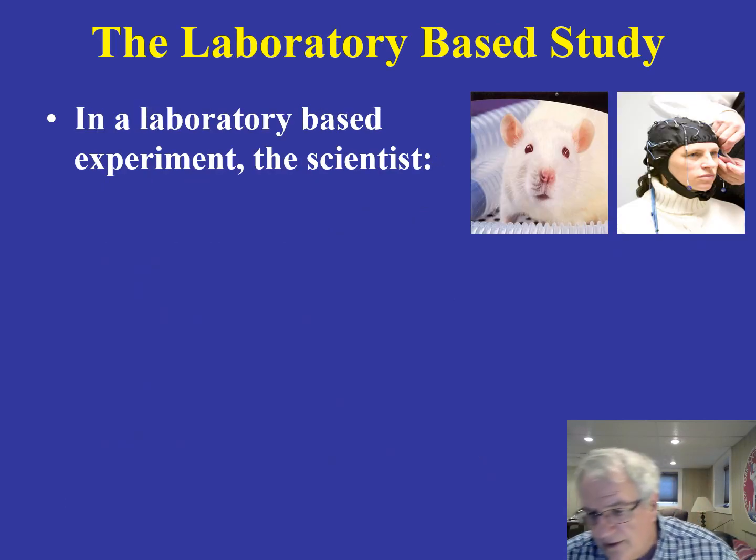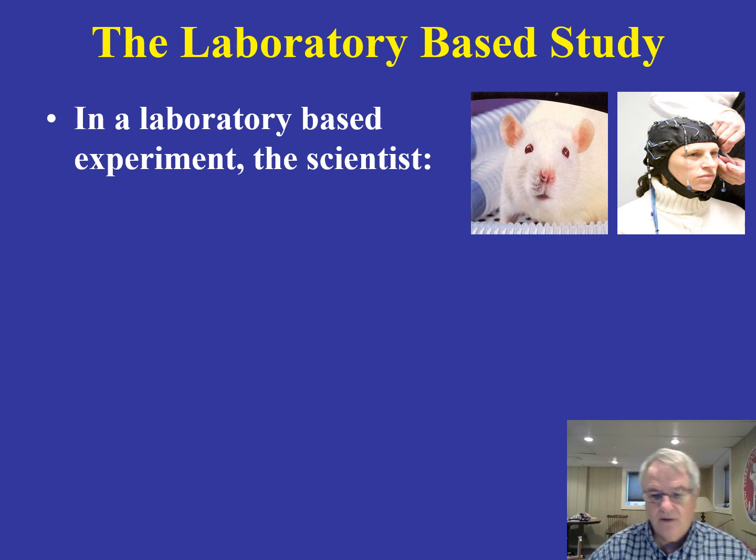Another way of collecting information in psychology is by virtue of what we would call a laboratory-based study. And these are studies that obviously we do with human beings, we can do with animals. We use laboratory-based studies all the time.